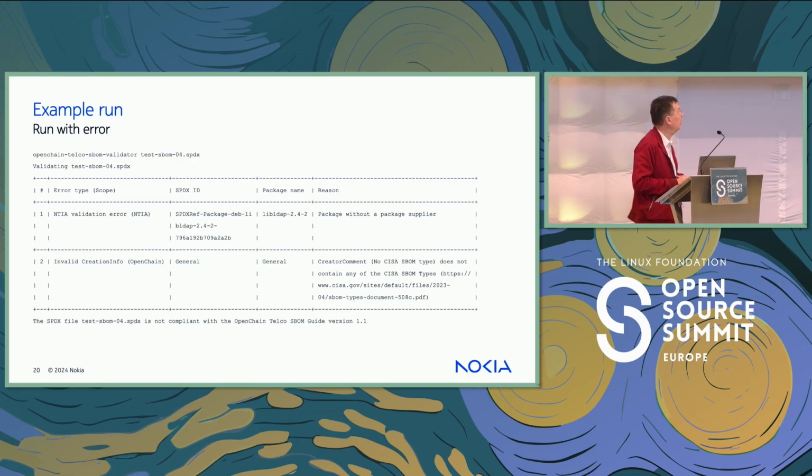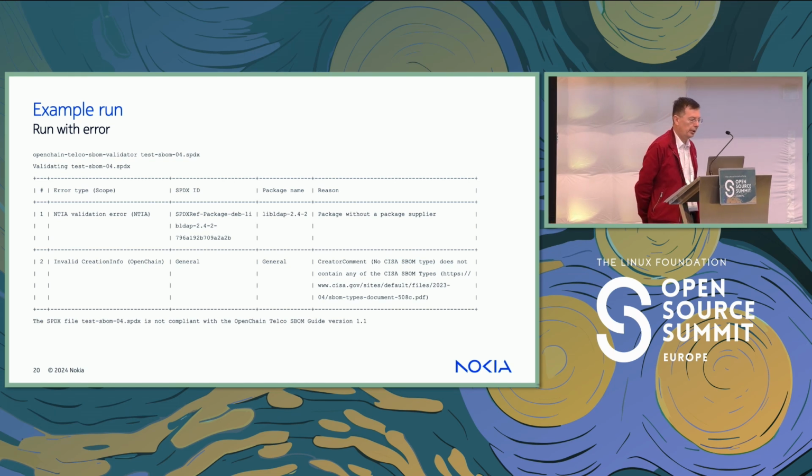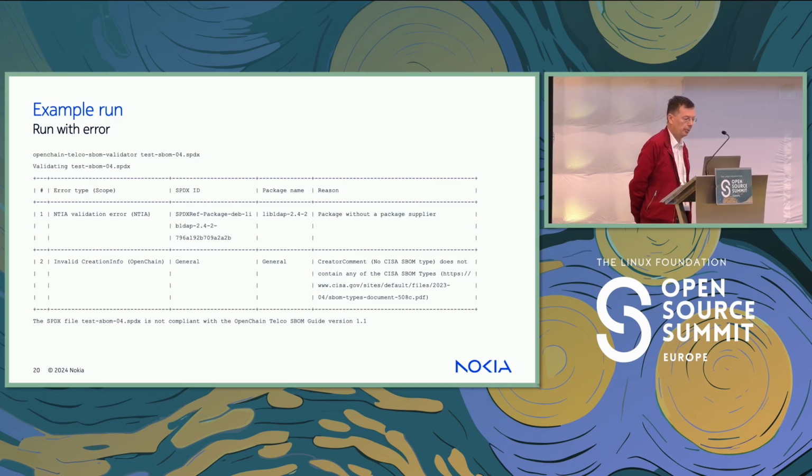So, I don't know if this is very readable, but here I have a run of the validator with some errors to show how it looks. It will provide you a table with a list of errors that have been found. Here you have 2 errors, so at the end it says that it's not compliant with the guide version 1.1.